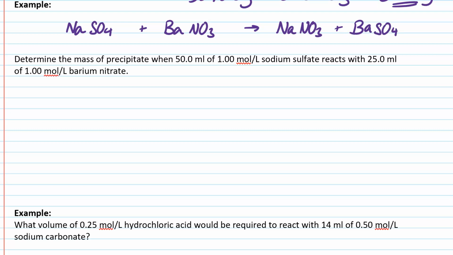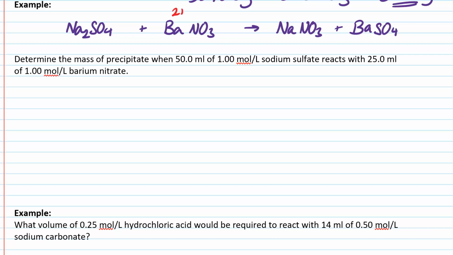Now these are all ionic compounds, so let's make sure we're writing them correctly. Sodium has a +1 charge. Sulfate has a 2- charge. So we need 2 sodiums to even out those charges: Na2SO4. Similar story with barium nitrate.